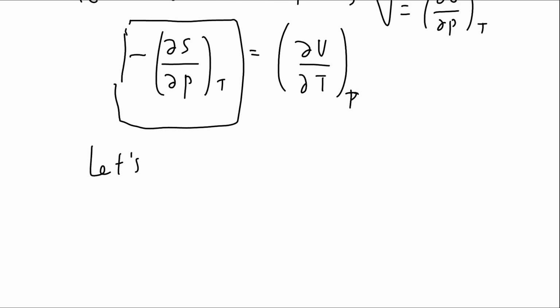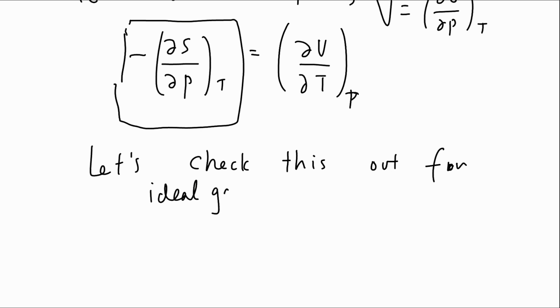Let's review a little bit and check this out. For what system should we use? I know, let's use the ideal gas. So we have n equals 1 and C being 3/2, a monoatomic ideal gas.